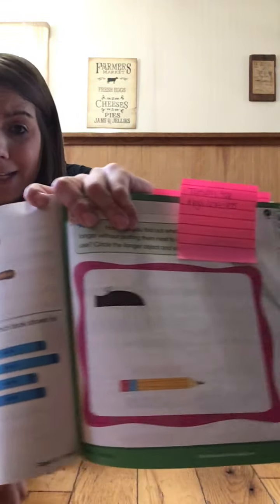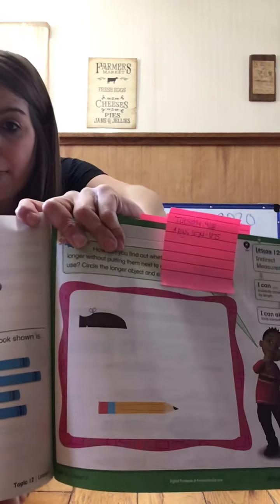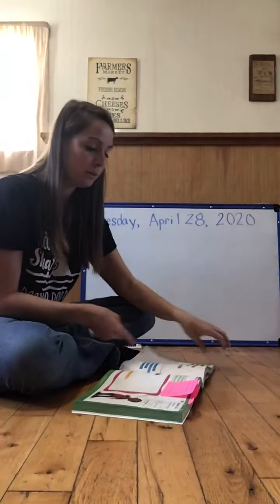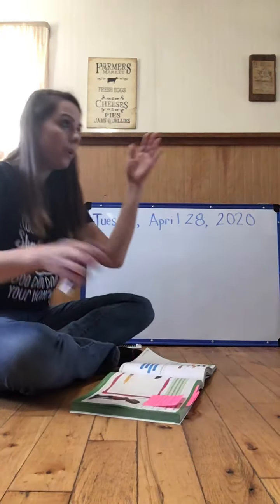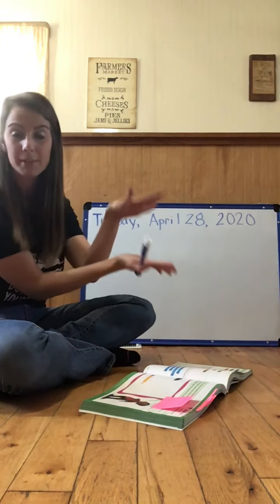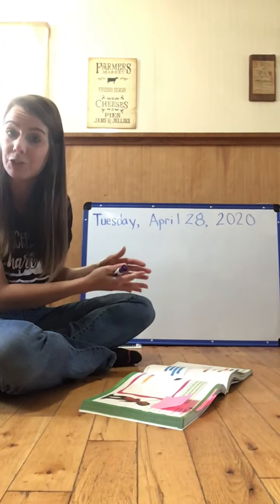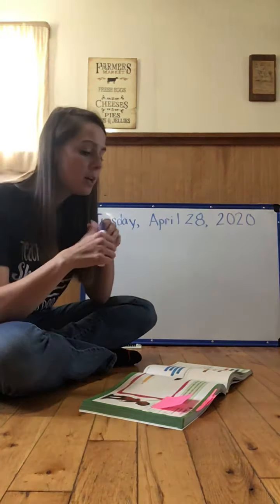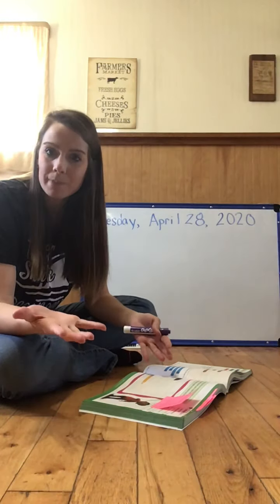Now, it doesn't give you a ruler, it doesn't give you anything to measure it with, but they want you to think about how you can find out whether the shoe or the pencil is longer without putting them right beside each other, without taking that shoe on top and the pencil on the bottom like we did yesterday to see which was longer or shorter.